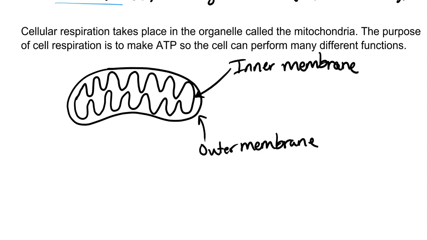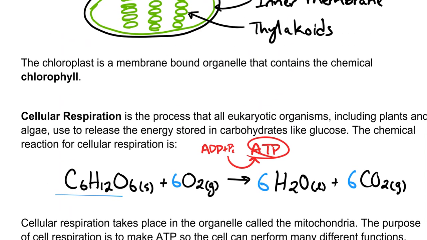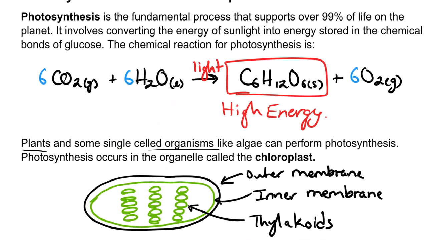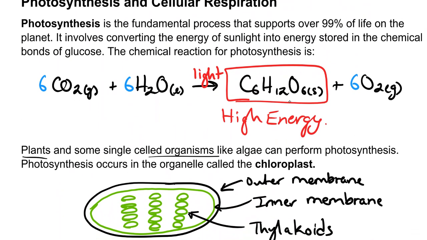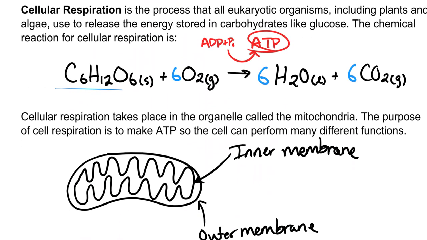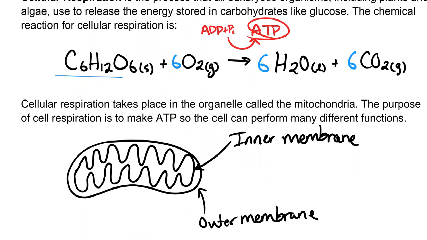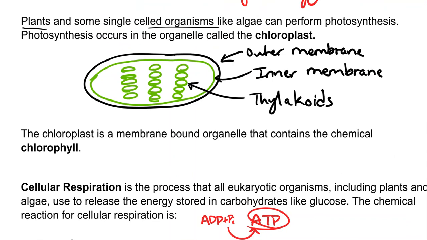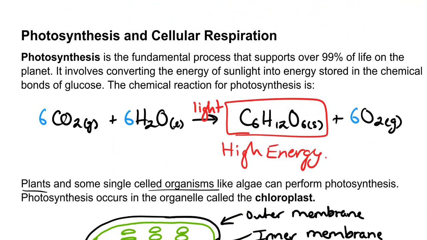So what do you need to know from today's lesson? Well, you need to know the chemical reactions for both photosynthesis and cell respiration. Now let's take a look back at them. Here we're starting with glucose and using up oxygen. But in photosynthesis, we make glucose and make oxygen.